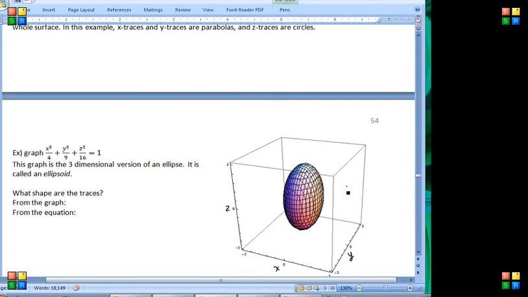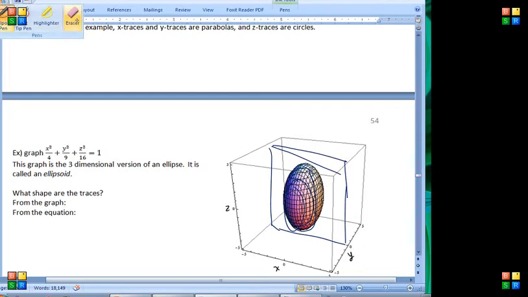So a y trace will come from running a plane through that looks like this, and you're going to get all these curves. So once again, you get an ellipse. And the same thing for z.